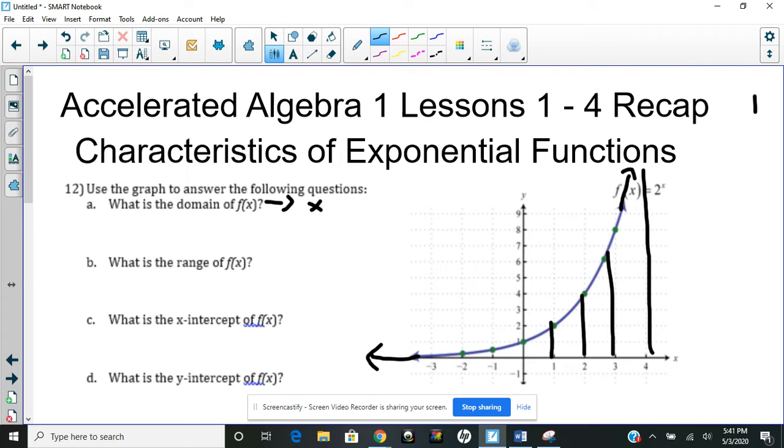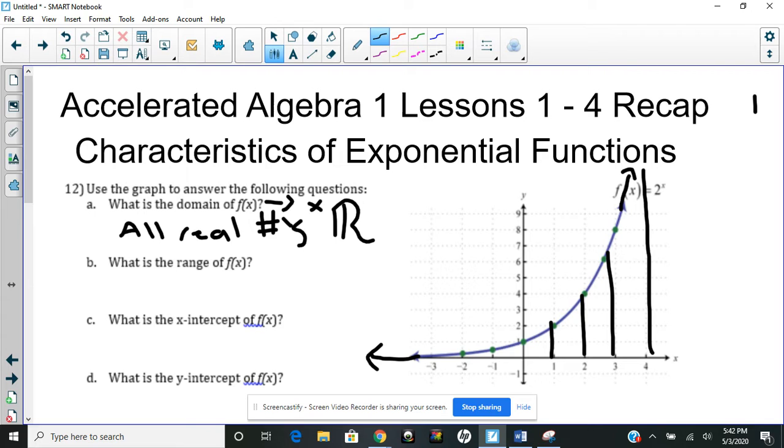So when it asks, what is the domain of f of x? Our answer is all real numbers, or that fancy R we were talking about. It will hit every single negative and positive x value.